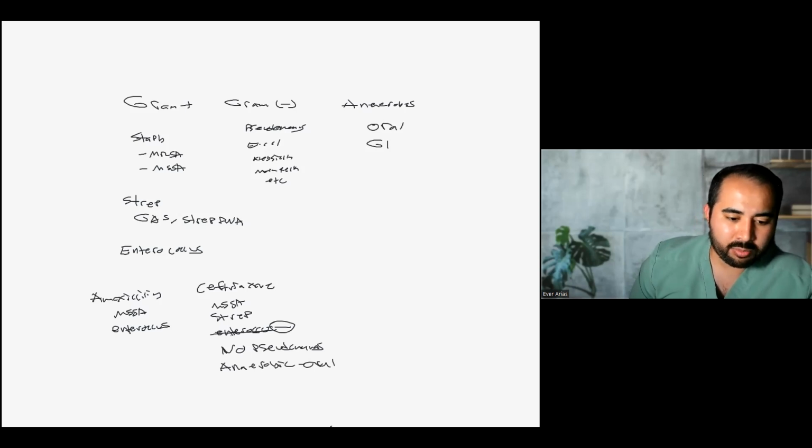We use something on top of it to cover them for GI anaerobes. It's good for someone who's coming in with an aspiration pneumonia because it covers oral anaerobes. But classically, you want to associate Flagyl, which is metronidazole, for anaerobic coverage for both oral and GI.